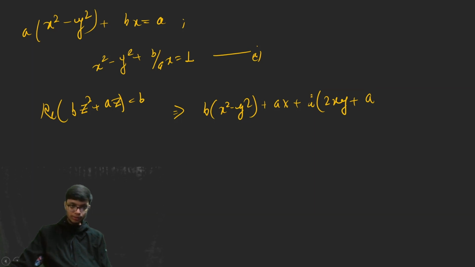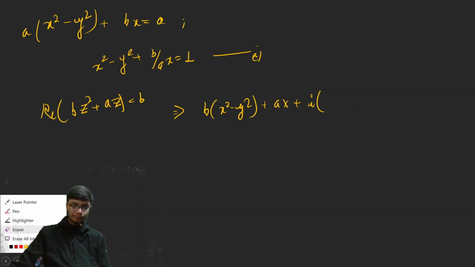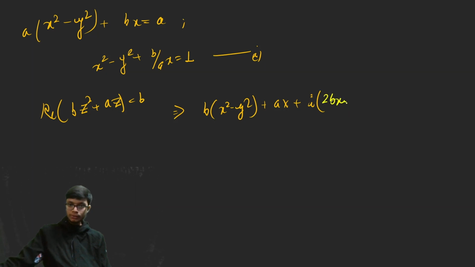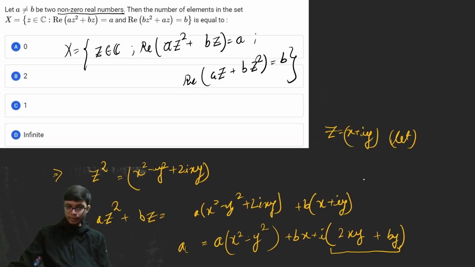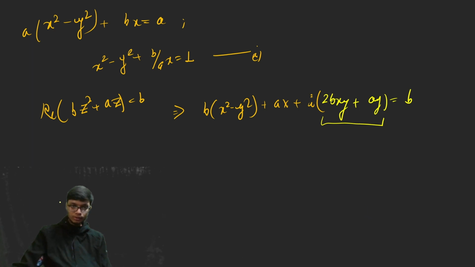Sorry, a is missing over here, so let me write it correctly. A real number means the imaginary part will be equal to 0.